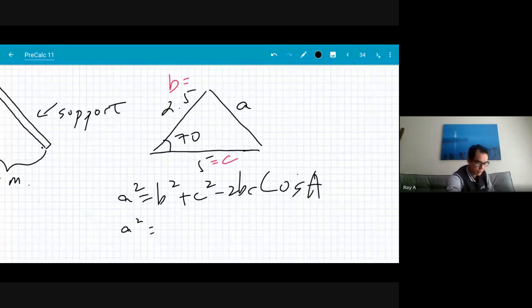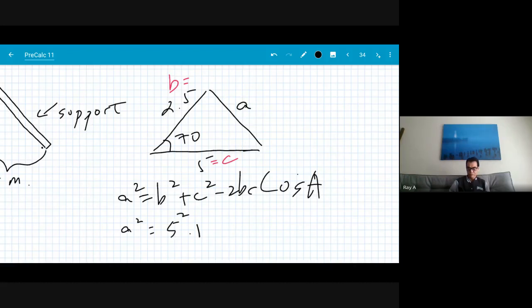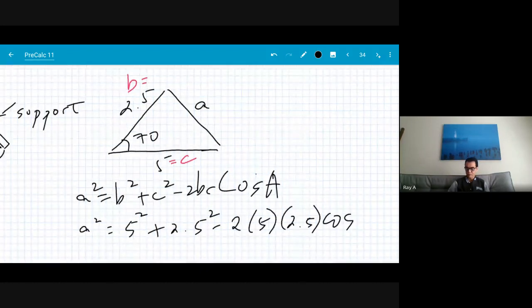A squared equals 5 squared plus 2.5 squared minus 2 times 5 times 2.5 cosine 70.